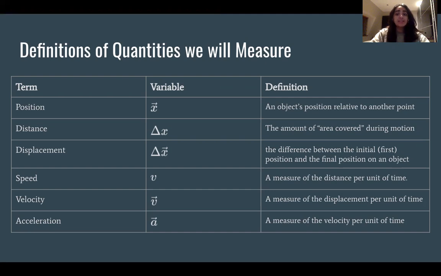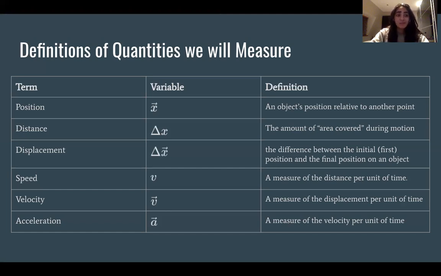Speed is the change of distance per unit time, and velocity is the change of displacement per unit time. A lot of times when we're talking in daily terms, speed and velocity are used interchangeably. But in physics, it's important to be more specific, because speed and velocity, as you see here, have very different meanings.